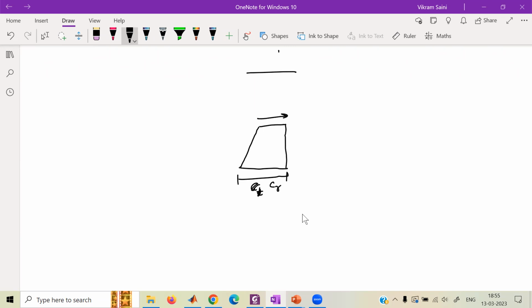This number is called tip chord, and this length is the height. We have to find all of them, and we also have to find the location of the aerodynamic center, at which point the entire force will act.